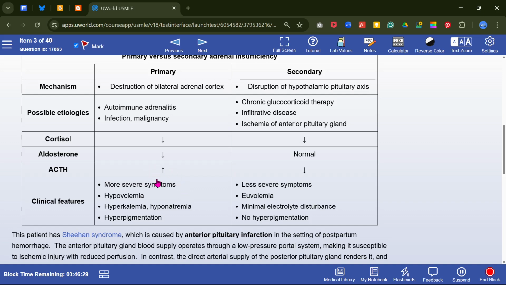How can you differentiate between primary versus secondary adrenal insufficiency? In primary adrenal insufficiency, there are more severe symptoms: hypovolemia, hyperkalemia, hyponatremia. Aldosterone is low, sodium is low, potassium is higher, and there will be hyperpigmentation.